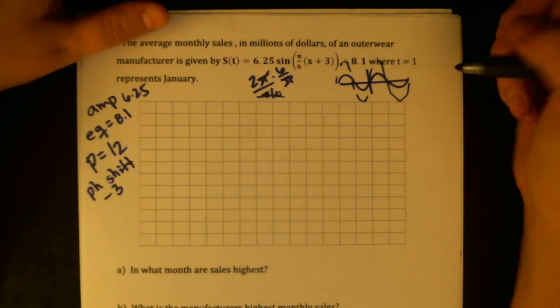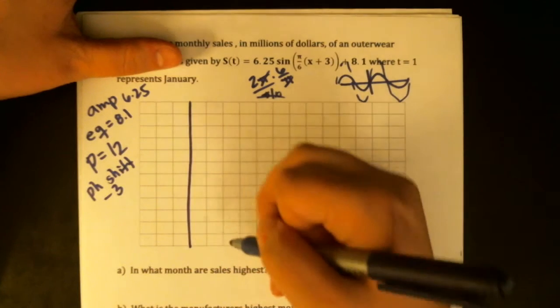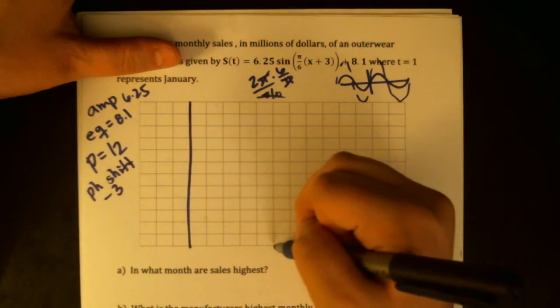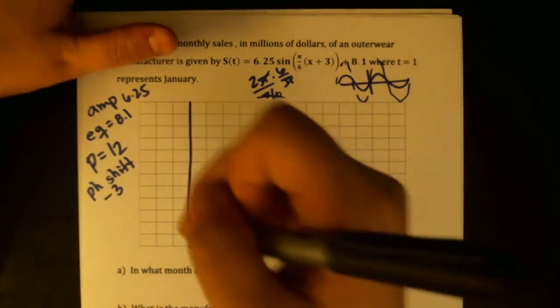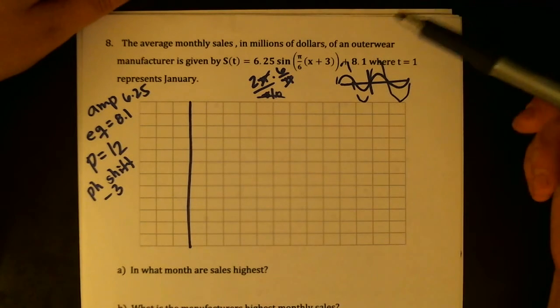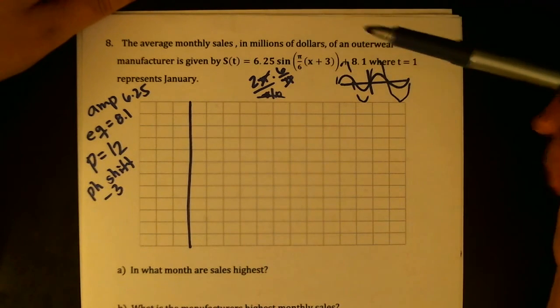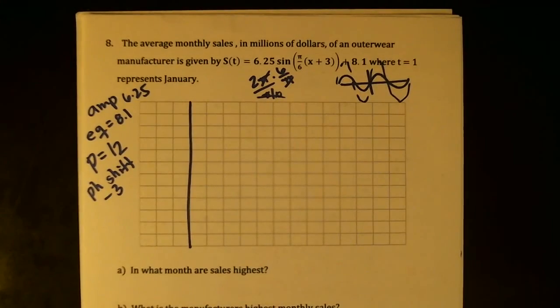Okay, so let's see. I'm going to give myself a little room. Okay, perfect. So I'm going to make horizontal tick marks be 1. So our equilibrium is at 8.1, and then we need to go up and down 6.25. So the top is going to be just above 14, and the bottom is going to be just below 2.